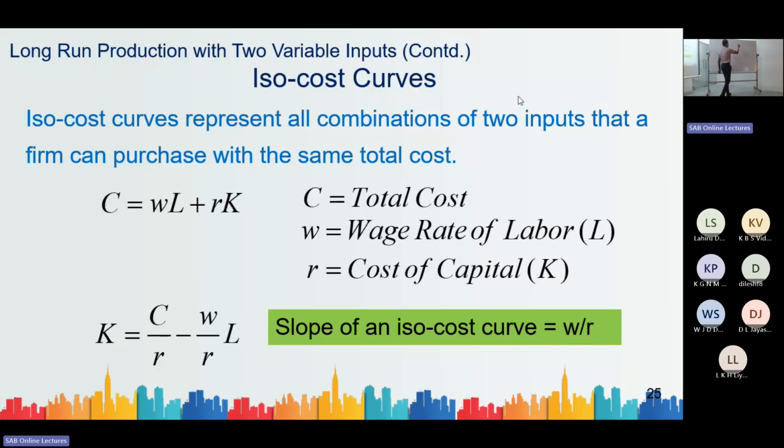It shows all possible combinations of 2 inputs that cost the same amount. So if we show an iso-cost curve in a diagram, it looks like this.